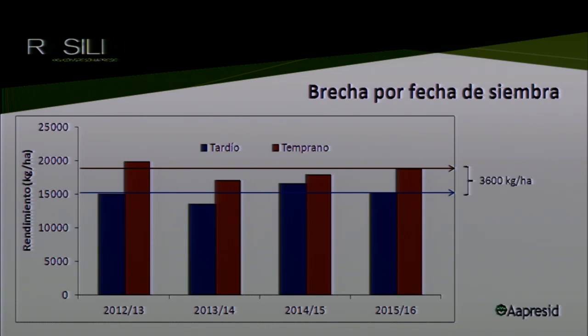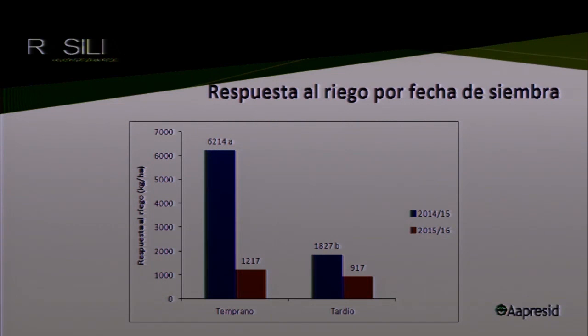This tells us that it is not true that it is always convenient to plant late corn. I think we have to plant late when there is a lack of water, but when we have enough water, we stop producing corn because we did not advance the planting date, or plant earlier.